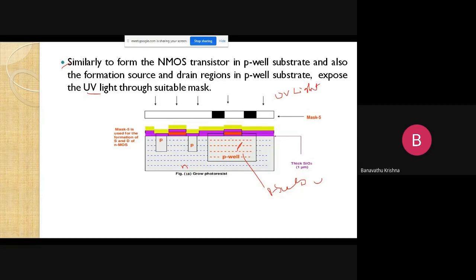Where we need to diffuse or implant the N-type diffusion impurities, that area is shielded here. The remaining area is not shielded.